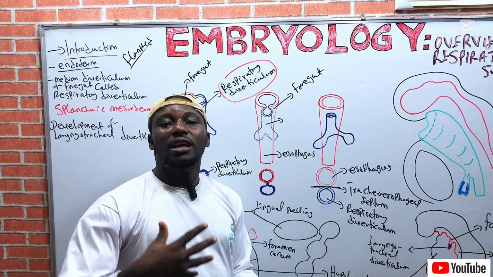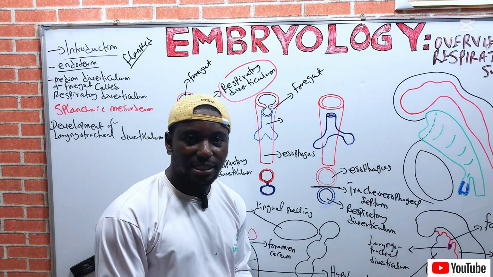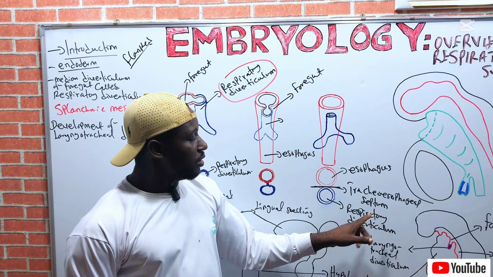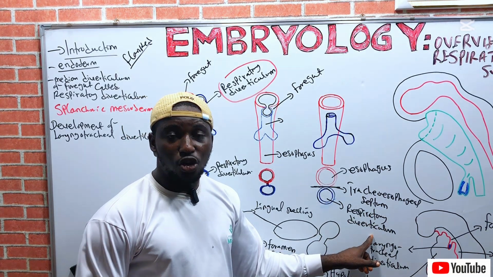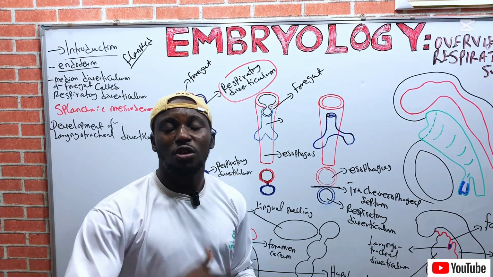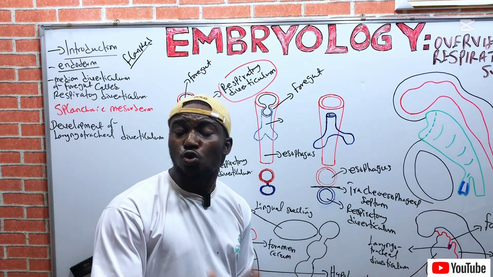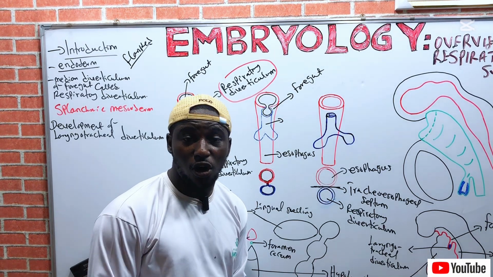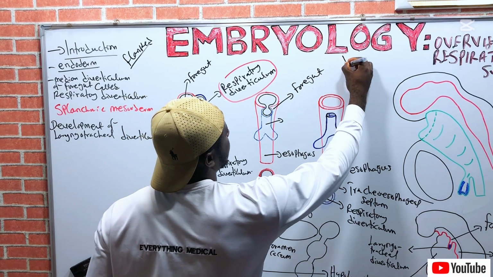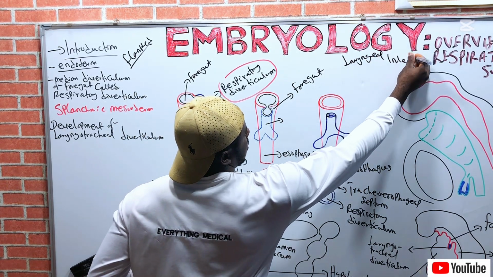Now, the cranial aspect of the respiratory diverticulum continues to communicate with the pharynx. As it continues to communicate with the pharynx, it creates an inlet called the laryngeal inlet.